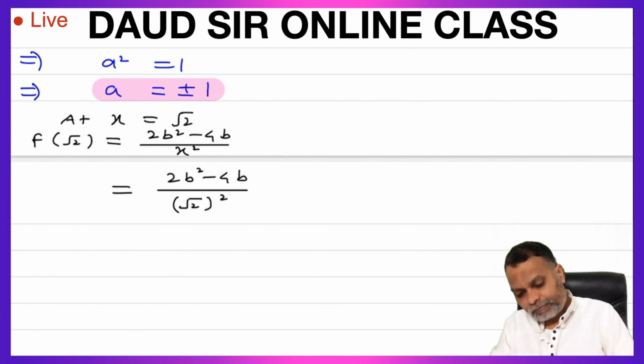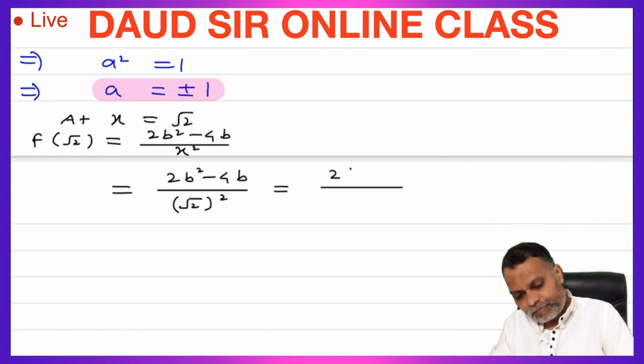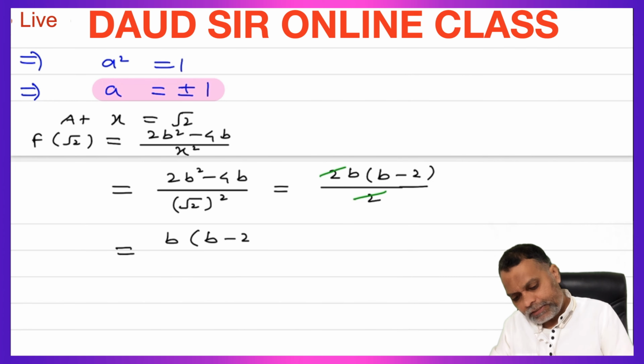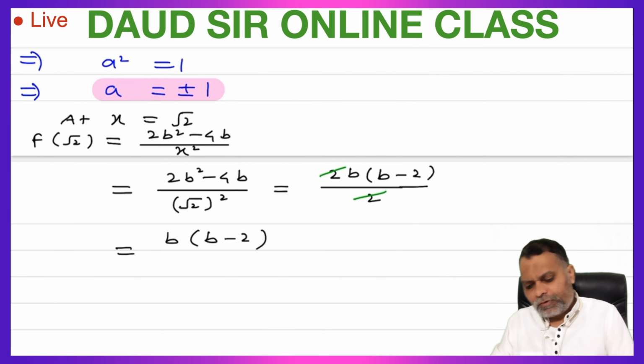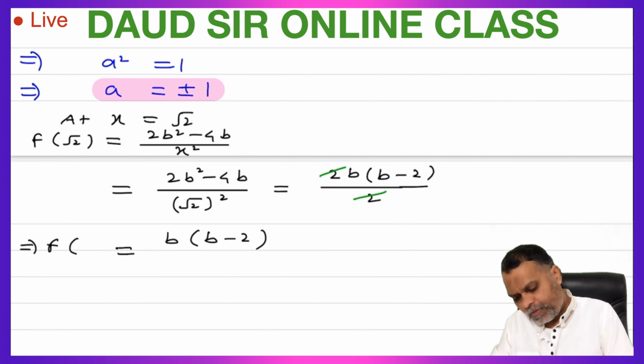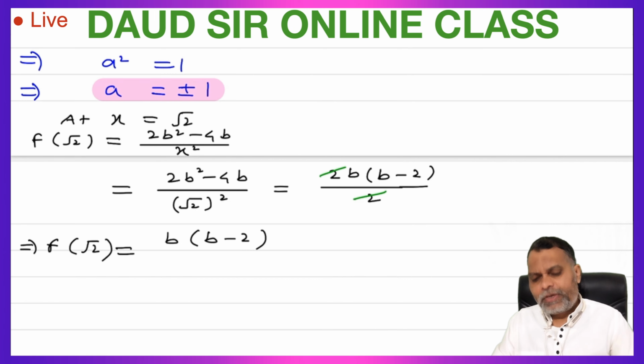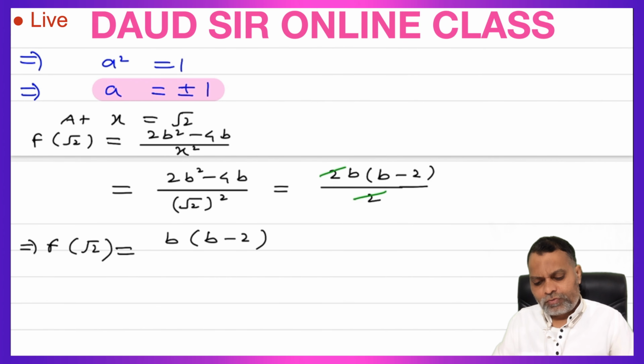Simplify this, take out 2b common. So b left minus 2 left upon root 2 square 2. This 2 gets cancelled. So this is b into b minus 2. F of root 2 is equal to b into b minus 2.